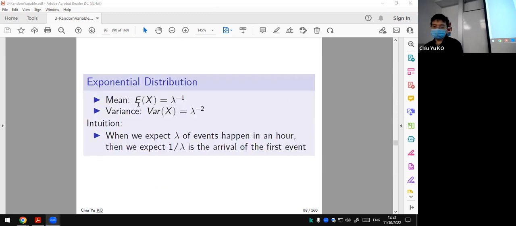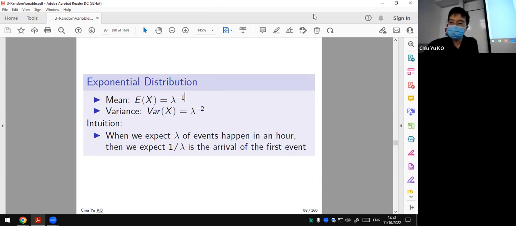And just to remind you why we have the mean and variance here. Suppose in the Poisson process, the Poisson distribution, you expect that in an hour 2 events happen.